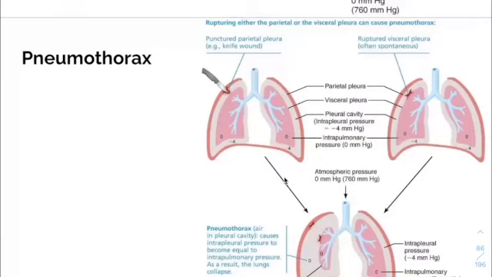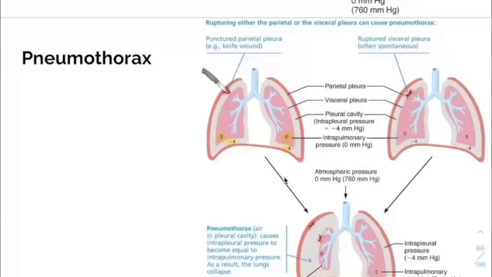We start with 0 as our atmospheric pressure because it is equal to the atmospheric pressure outside of the body. The pleural pressure is about 4 less than within the lungs.